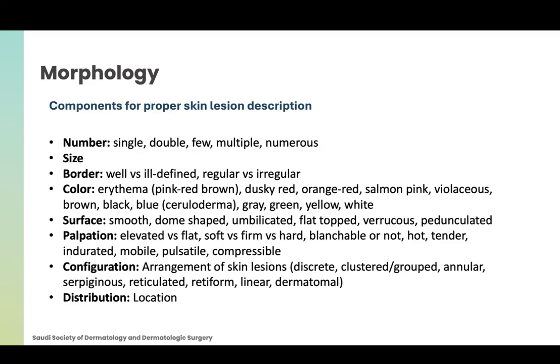If they're in the intertriginous zones, I'm thinking of a huge differential, for example intertrigo, psoriasis, eczema, etc. It helps me build my differential. So I have to use all of these components to properly describe a skin lesion and then apply all of this to my primary skin lesion. And then this will help me build my differential diagnosis.